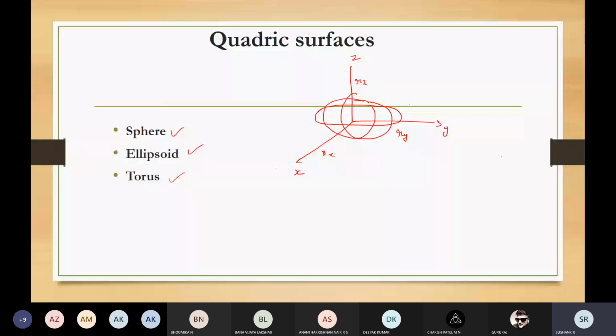If this is the y line, we are having one along the y-axis, one along the z-axis, and the other one along the x-axis. So like this, we have this ellipsoid. So this can be radius along z-axis, radius along y-axis, and one more radius along x-axis. So you can call this the ellipsoid.